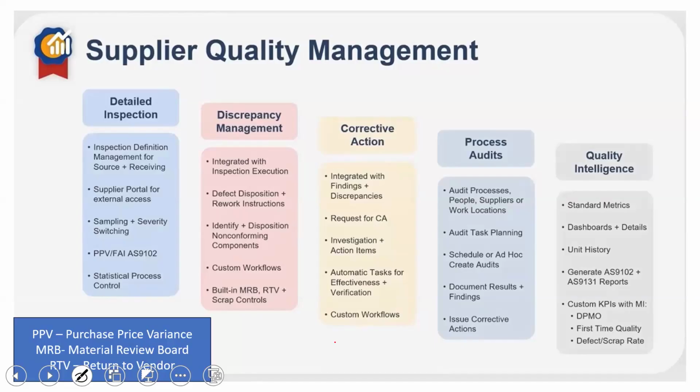Basically, sourcing involves detailed inspection, discrepancy management, corrective actions, process audits, then quality intelligence. That is up to Six Sigma. We discussed Six Sigma there as well: defects per million opportunities, DPMO.